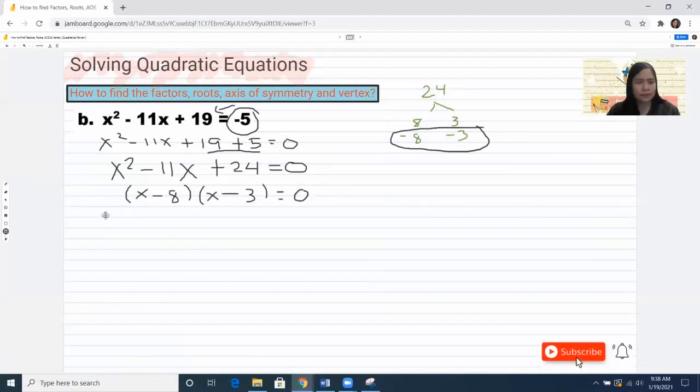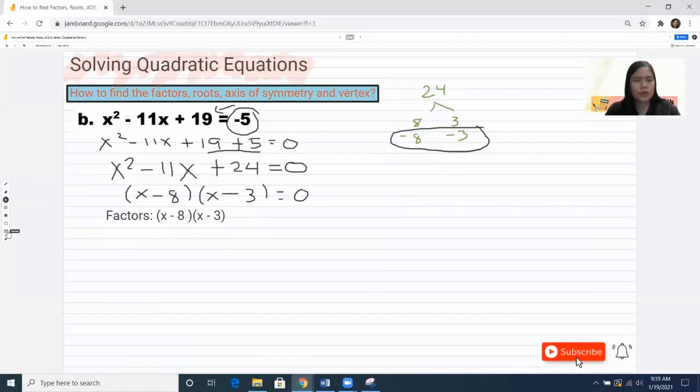Let us write them down. In factored form, take note, they are written in parentheses as groups. So we have (x minus 8) times the quantity (x minus 3). Okay, that's it. Those are the factors.